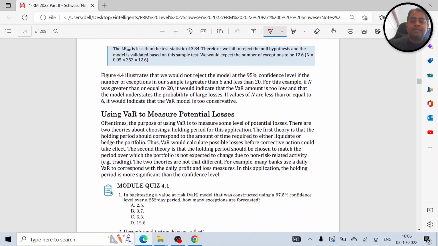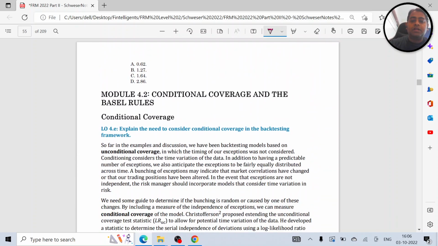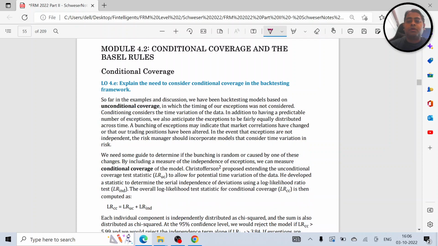Calculation is not tested as such. The conditional coverage part, you're talking about events or bad days happening together, clustering of things. So read the first paragraph.